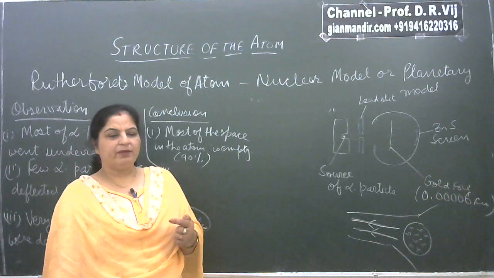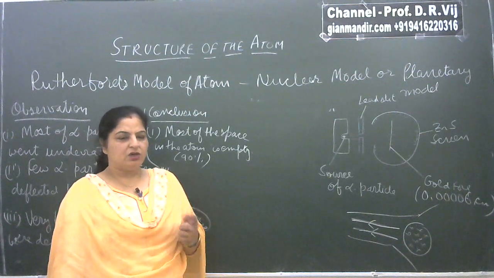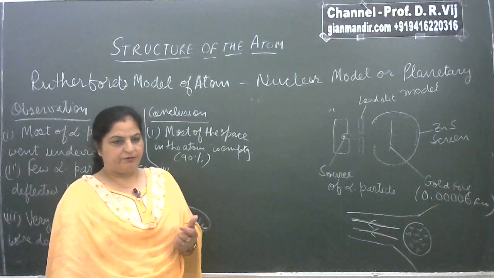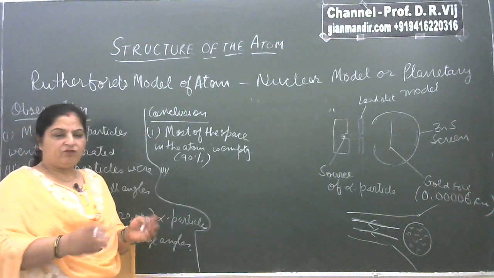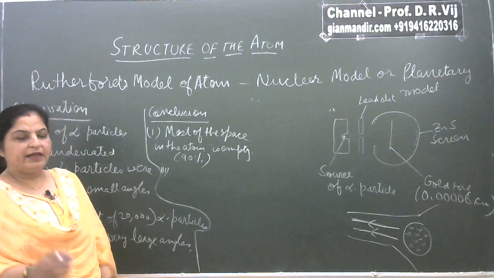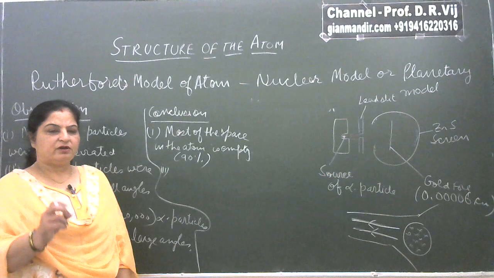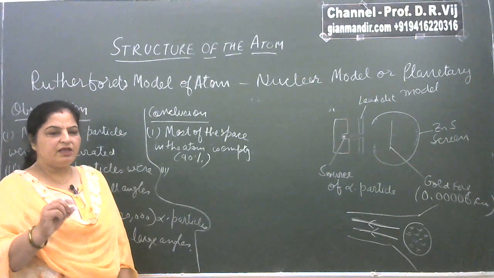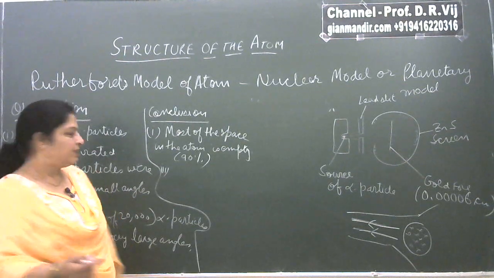So the path of alpha particles was changed only due to the presence of positively charged protons. And as only a few alpha particles were changing their path, that shows that the positive charge of the nucleus is present in a very small portion of the atom.